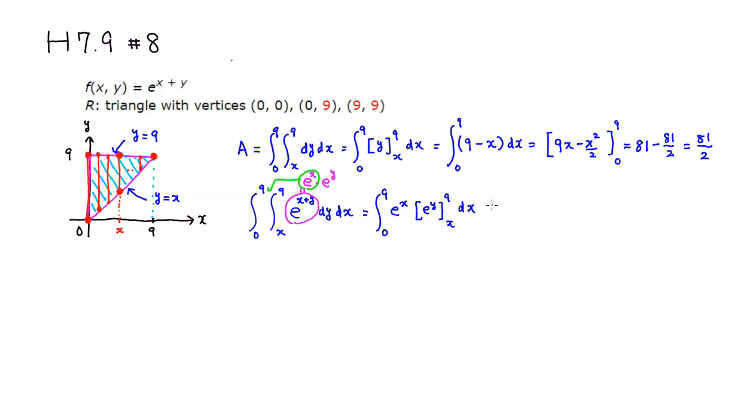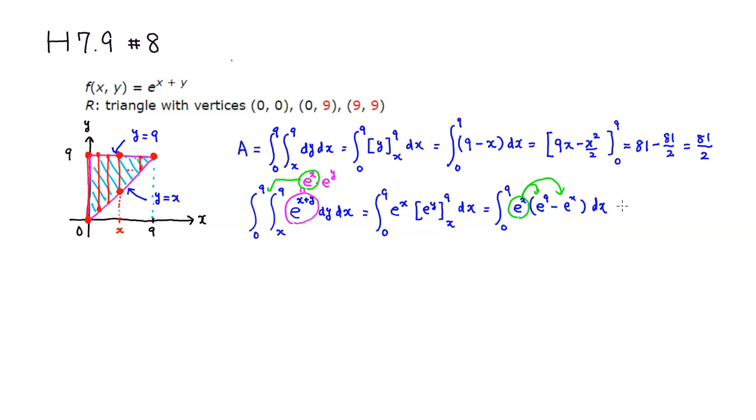So this gives the integral from 0 to 9. If you plug in 9, you have e to the x times e to the 9, minus, plugging in x, e to the x, dx. Then we distribute the e to the x to both terms.